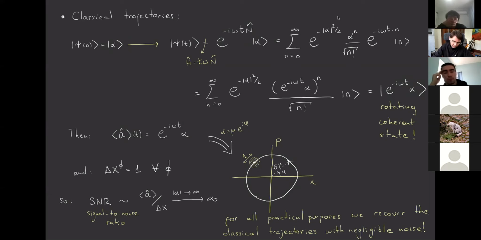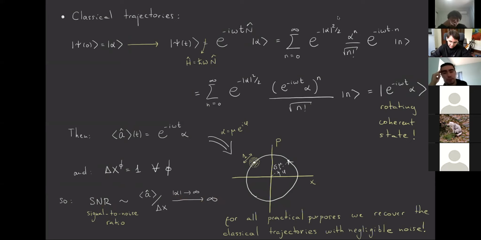And moreover, because the uncertainty is equal to 1 in all directions of phase space around the state, the signal to noise ratio that you would measure in an experiment, if you ask what the average of X and P is and what the fluctuations of X and P are, goes to infinity when the coherent state gets larger and larger amplitude.